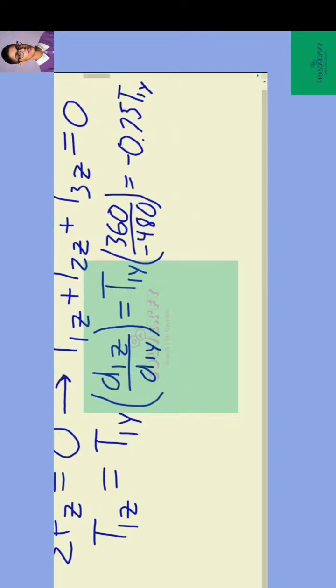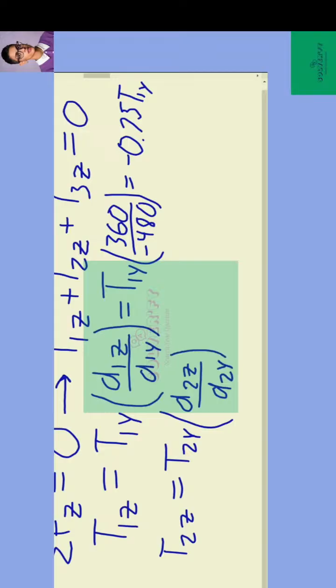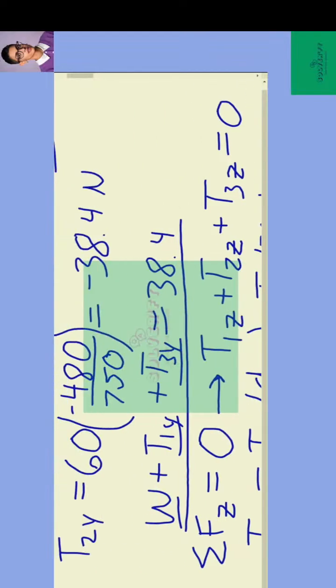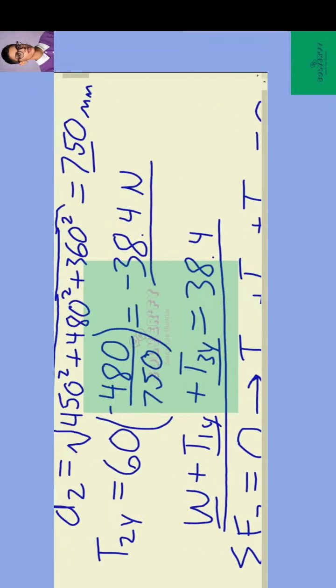T1y. Now we just use the same formula for the other two cables. So we do T2z equals T2y times our dimensional ratio, T2z over T2y. Now we actually know T2y because we solved for it right here.